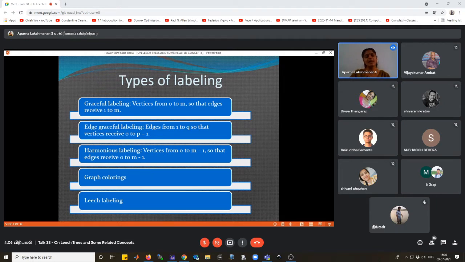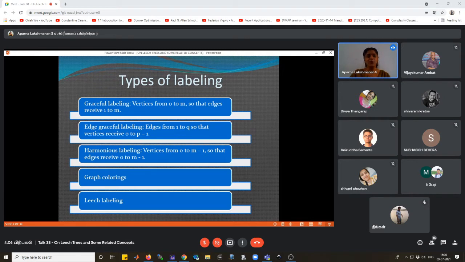So that gives a proper coloring of the vertices of the graph. So graph colorings are special cases of labelings. Again, edge coloring is a special kind of edge labeling, and we have total coloring, which corresponds to total labeling. There are many variations of graph colorings, each of them nothing but graph labelings themselves.